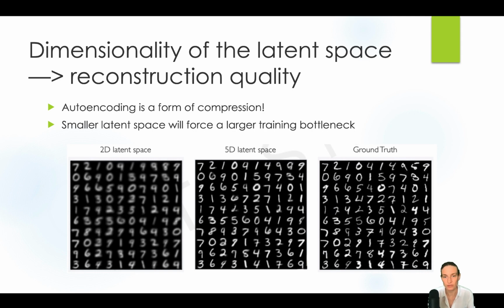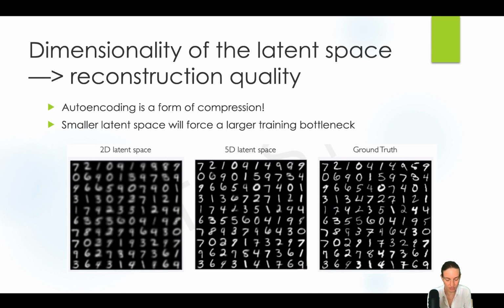Because autoencoding is a form of compression, we will know that the bigger we enforce this compression to be, the more loss of information there is, and the lower the resulting reconstruction quality. How do we change the compression rate, let's say? It is by changing the size of the latent space.